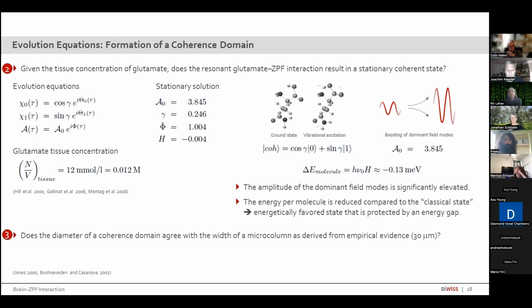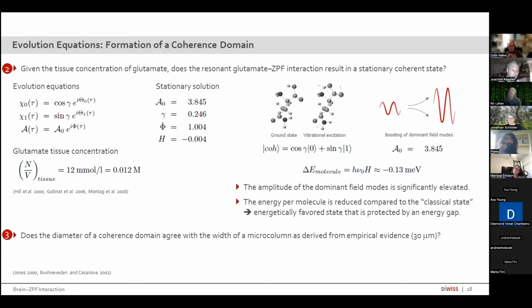And question number 3 is, well, we have everything here now. We have the mathematical toolkit to calculate the size or the diameter of a coherence domain. The critical question now, which we would like to answer, is, does it agree with the width of a microcolumn as derived from empirical evidence?